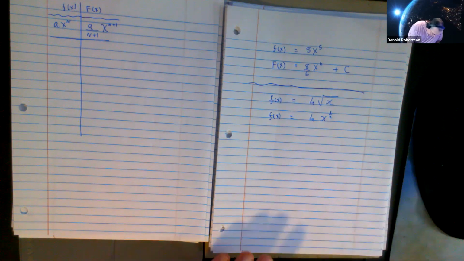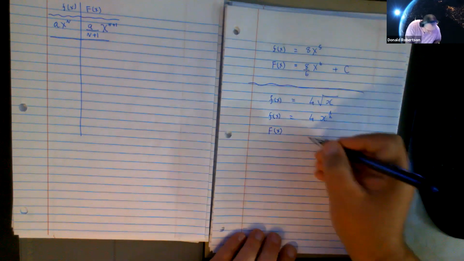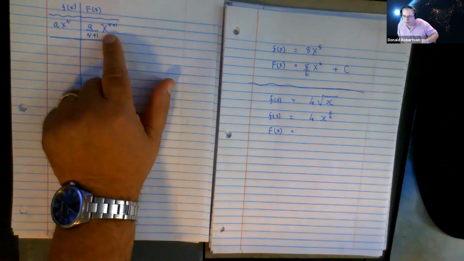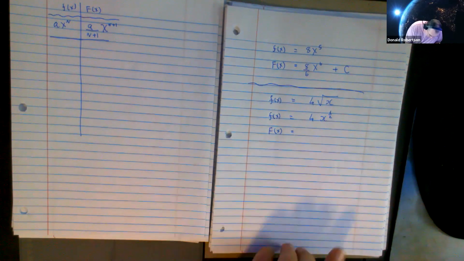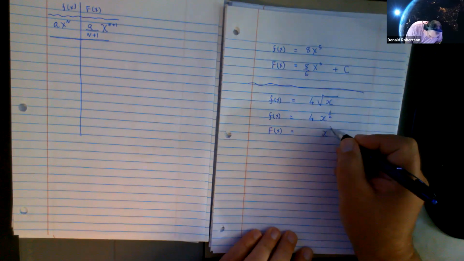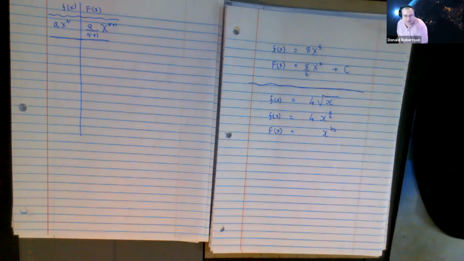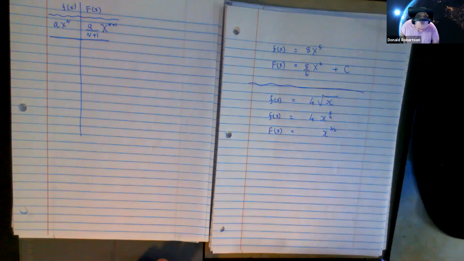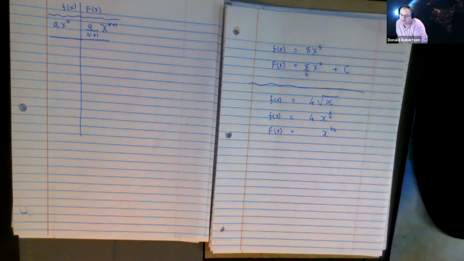Now I do the antiderivative and I use the power rule. I think of the power rule more in terms of words than this formula. What I say is add 1 to the power and then divide by the new power. If you take 4 and divide it by 3/2, isn't it the same as multiplying by 2/3?